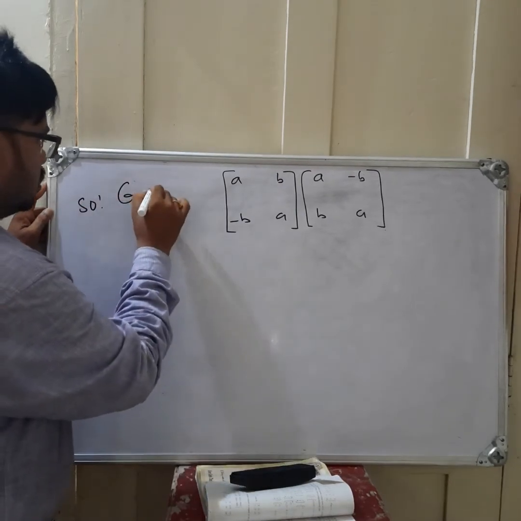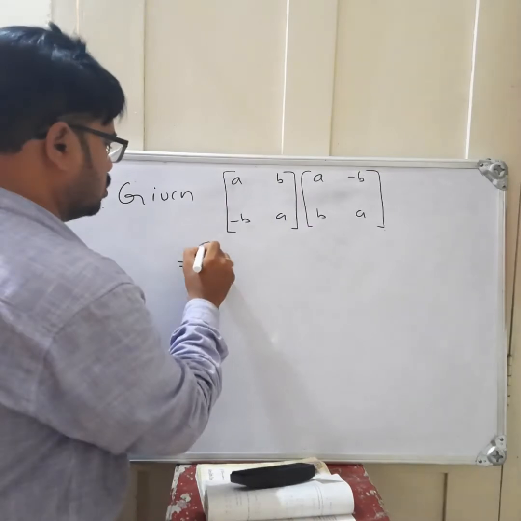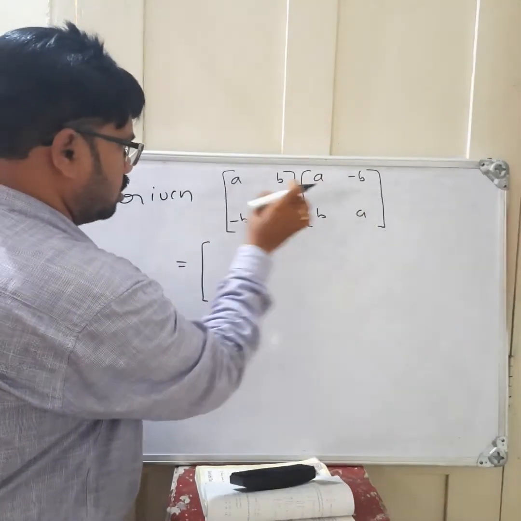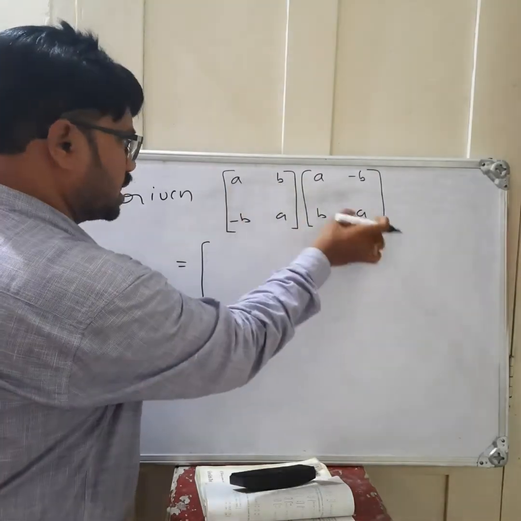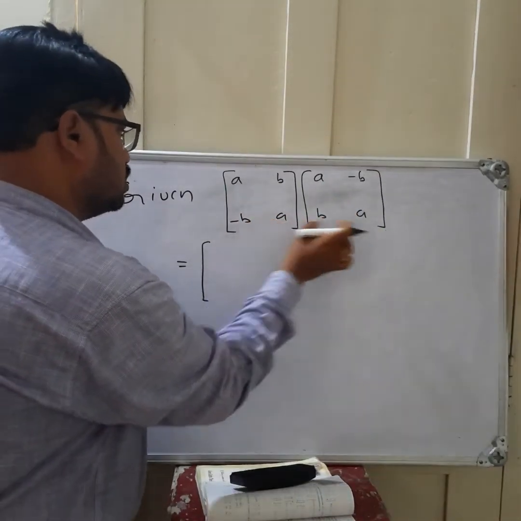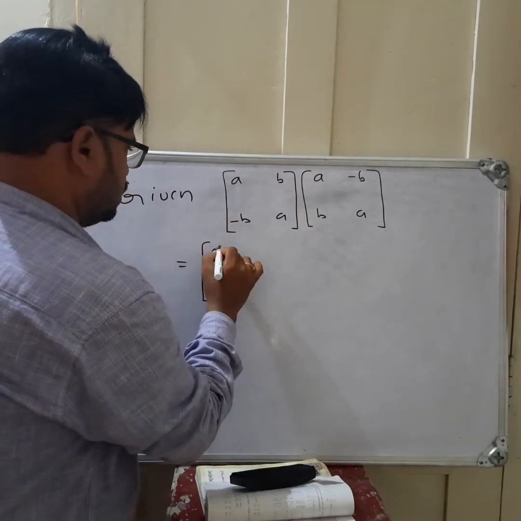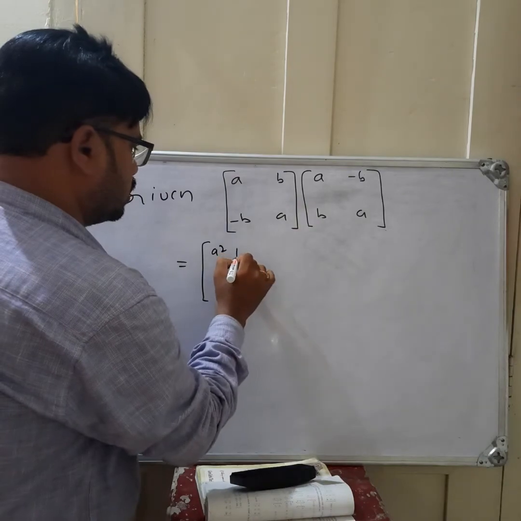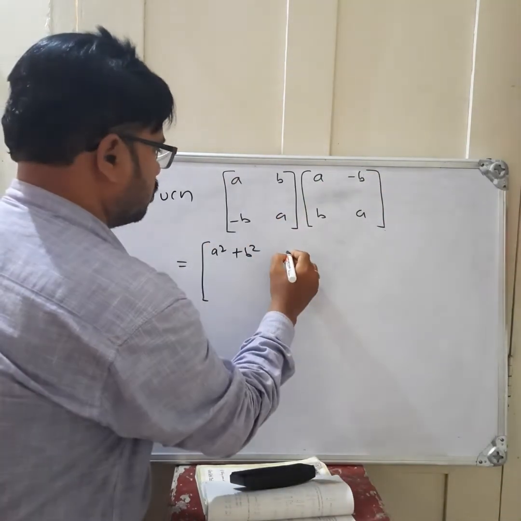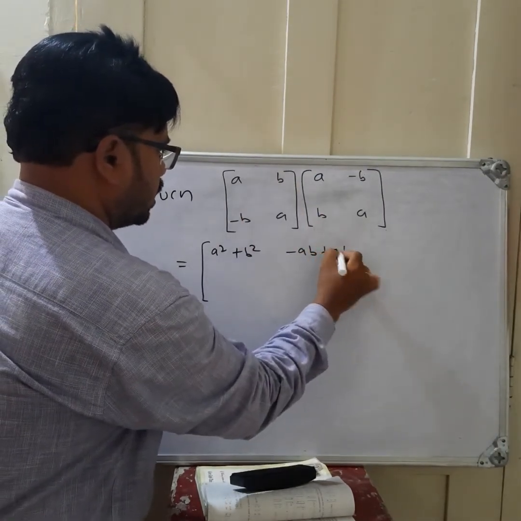I mean square matrices. Multiplication is possible between these two matrices. Solution. So this is the given product. Now multiply. First row, first column, we multiply the elements, and first row, second column, and second row, first column, and second row, second column. This is A into A, A square, plus B into B, B square. Next A into minus B, minus AB, plus B into A, again you get AB.